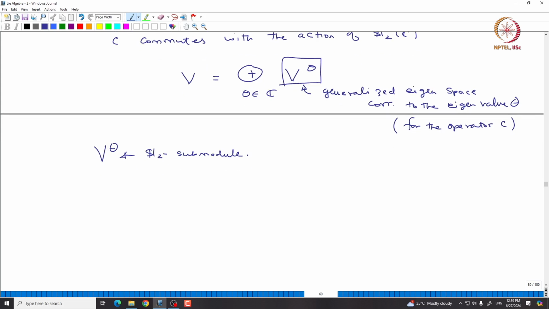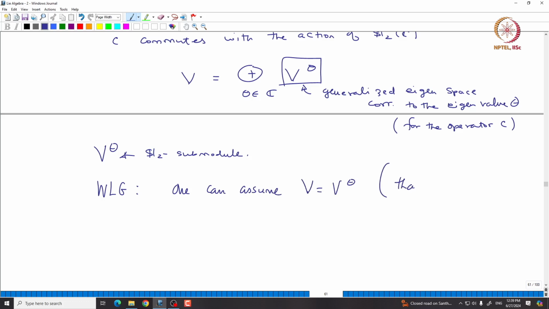Basically it is the generalized eigenspace corresponding to the eigenvalue theta. So, there will not be any other eigenvalue that you can have for C on this space V theta. So, without loss of generality, one can assume that V equals V theta.